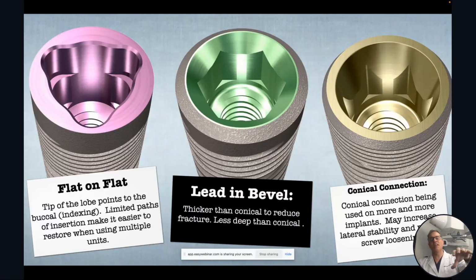And you can see just a lot of titanium around those flats of the hex. Now, as we go to the conical connection, look at how thin that is compared to the hex. It's better than the Trilobe, but it is thinner. And so the only implants I've seen breaking are very, very thin, very long conical connections and Trilobes. I've never seen an internal hex break, but hey, probably will happen next week.